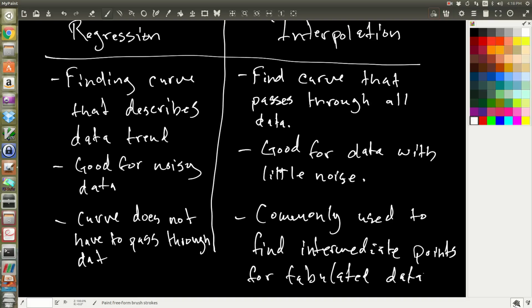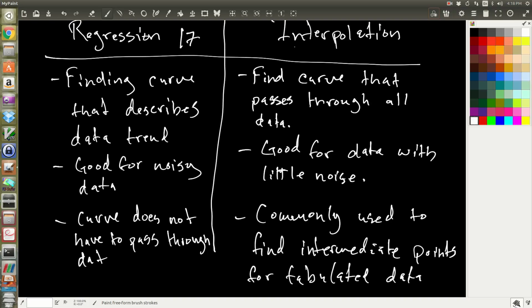Alright, in upcoming videos I'm going to talk about regression and interpolation. In the textbooks that we're using in my class, there's a chapter devoted to each of these, and actually I think there's 2 chapters devoted to regression. Let me see if I can figure out what the chapters are. Chapter 17 is least squares regression.